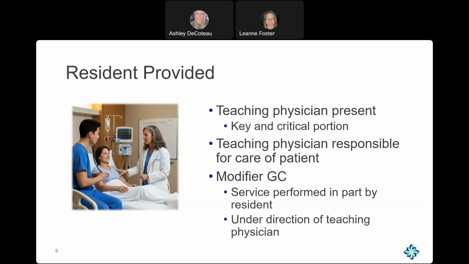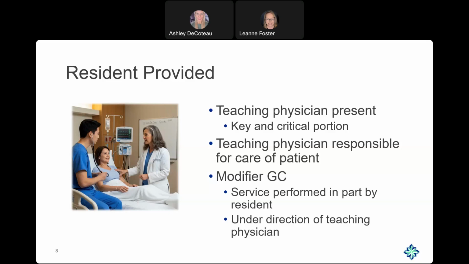So the patient is going to a clinic, and the teaching physician is really the one who is responsible for that patient's care, but they are supervising the resident. When this criteria is met, the teaching physician bills the evaluation and management service with the GC modifier. The GC modifier tells Medicare that the service was provided by a resident, but under the direction of that teaching physician.